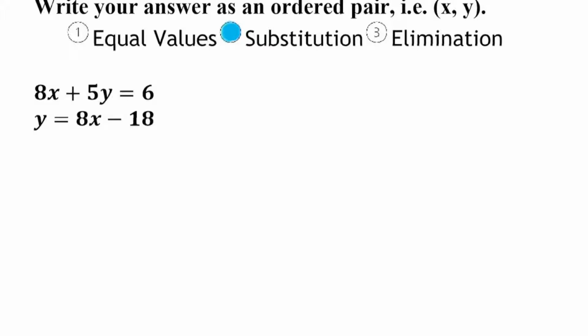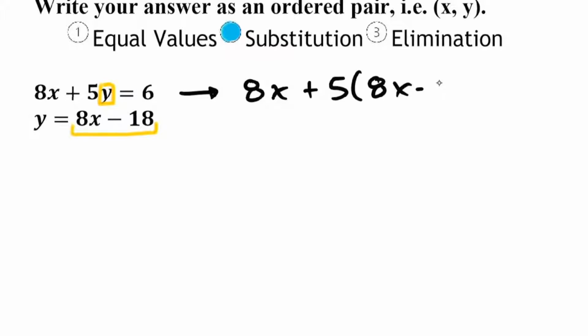So the second equation tells me that y is 8x minus 18. And what I'm going to do is rewrite the top equation using this value for y. So this top equation is going to become 8x plus 5 times the quantity of y, which we know is 8x minus 18 according to the second equation. And then that equals 6.